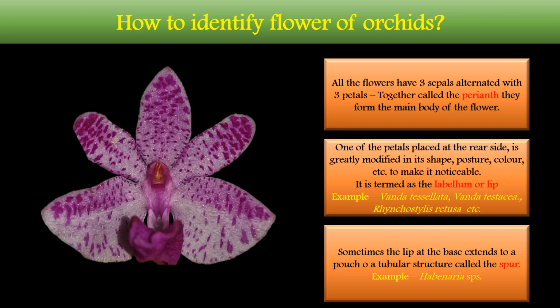Then coming to the lip. The lip is the most prominent member of the perianth, as we all know, and it is a highly specialized floral part that is extremely complex and variable. Sometimes it is broadly attached to the base of the column or over its entire length, rigid and therefore immobile.